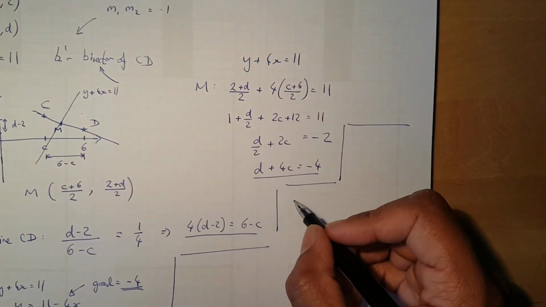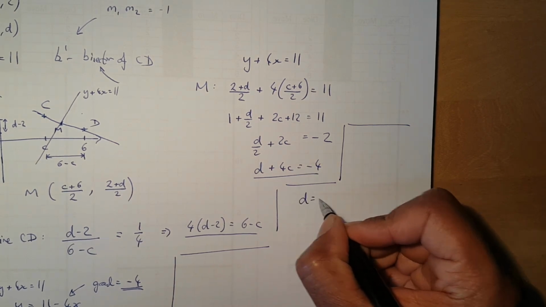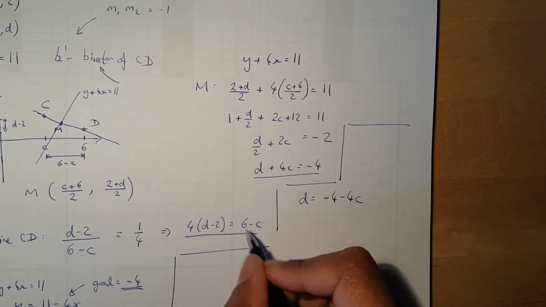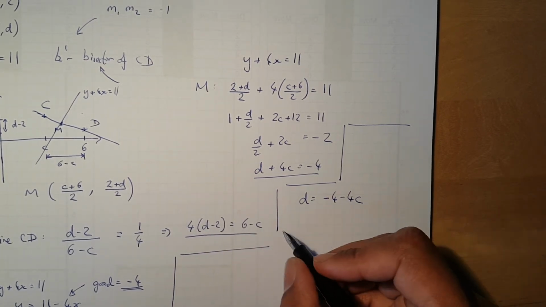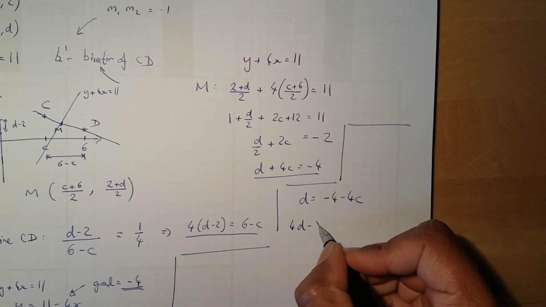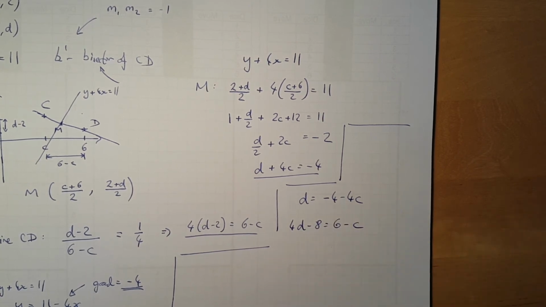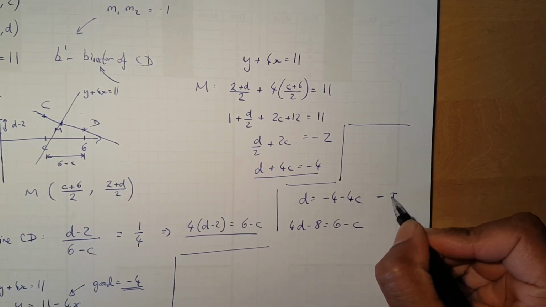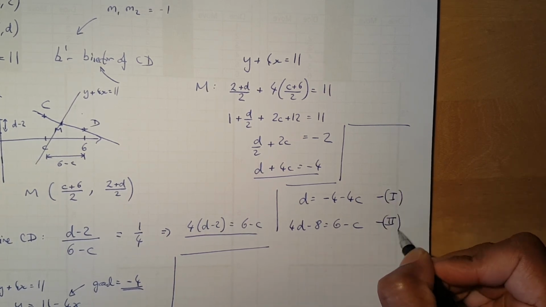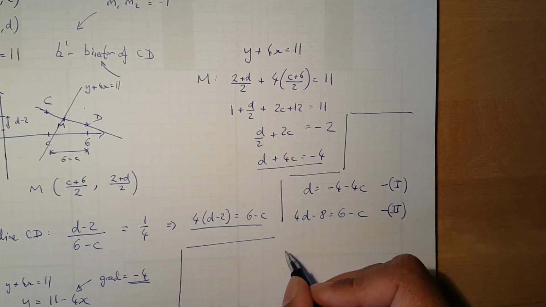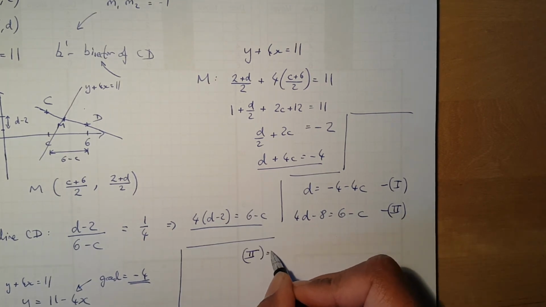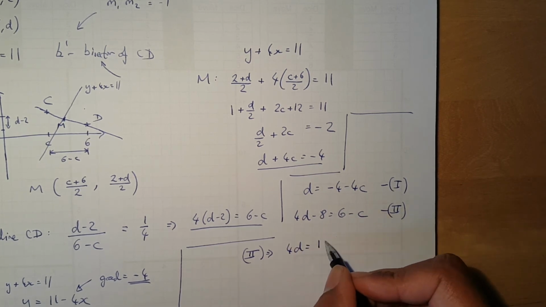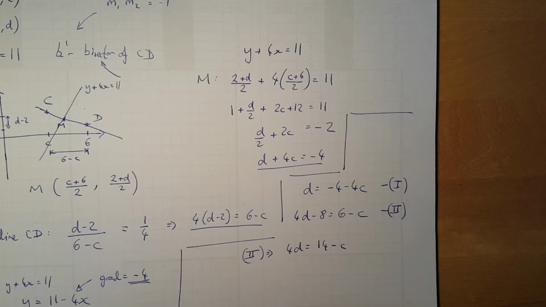From this equation here, D is going to give me -4 minus 4C, and over here I'm told that 4D minus 8 equals 6 minus C. Let's call that equation 1 and that equation 2. Let's clear up equation 2 a bit. That tells me that 4D equals, well, add 8 to both sides, 14 minus C.